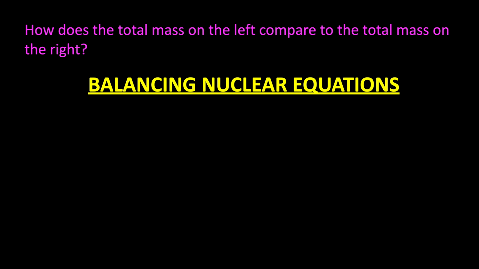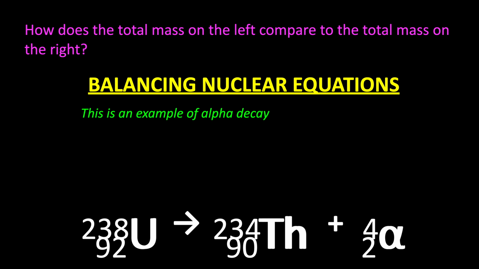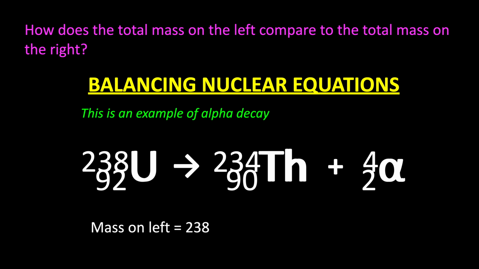Now let's take a look at a nuclear decay equation. Here we have an example of alpha decay. We have a very heavy uranium nucleus on the left. And this uranium nucleus decays into a thorium nucleus and it emits an alpha particle.